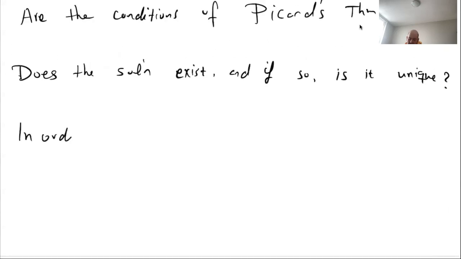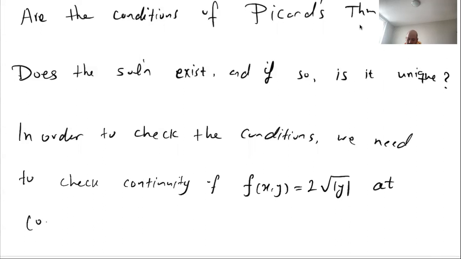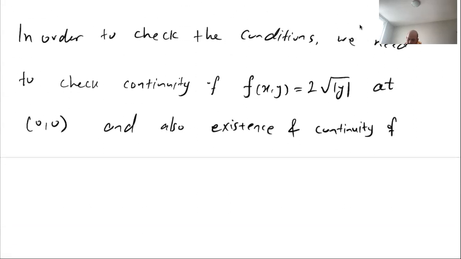So we need to check continuity of f of x and y equals 2 root absolute value y at the point 0 and 0, and also existence and continuity of df/dy at the point 0 and 0 again.